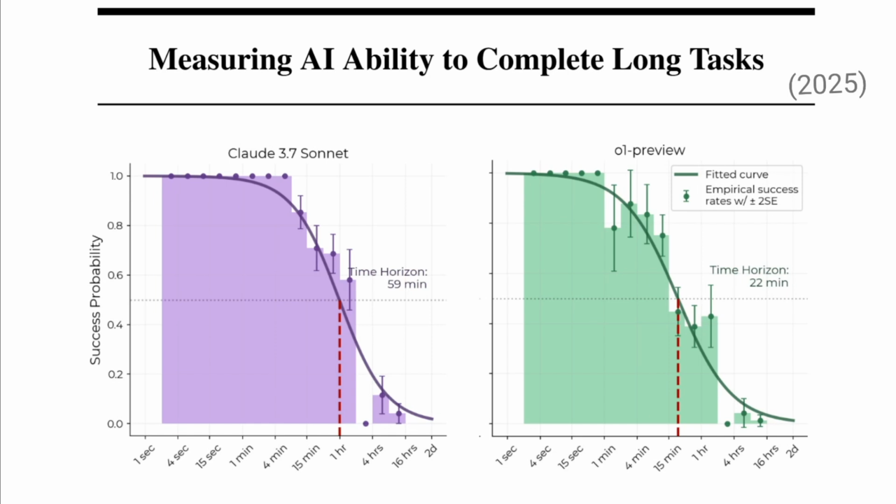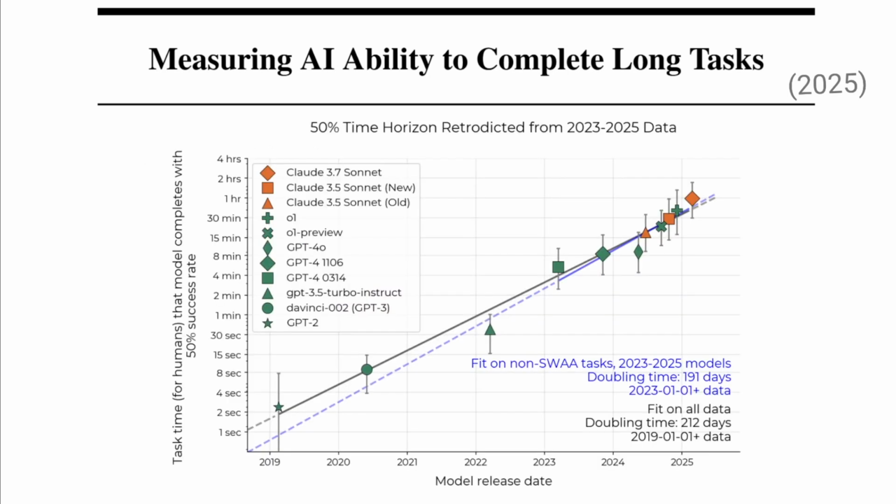And you get these curves, you find the 50% mark, and then you plot the model release date against the time horizon of the model. So how long the task has to be for a human for the model to have a 50% success rate of the task. And what they find is this really nice, pretty good relationship here, a log linear relationship between the model release date and the 50% time horizon.